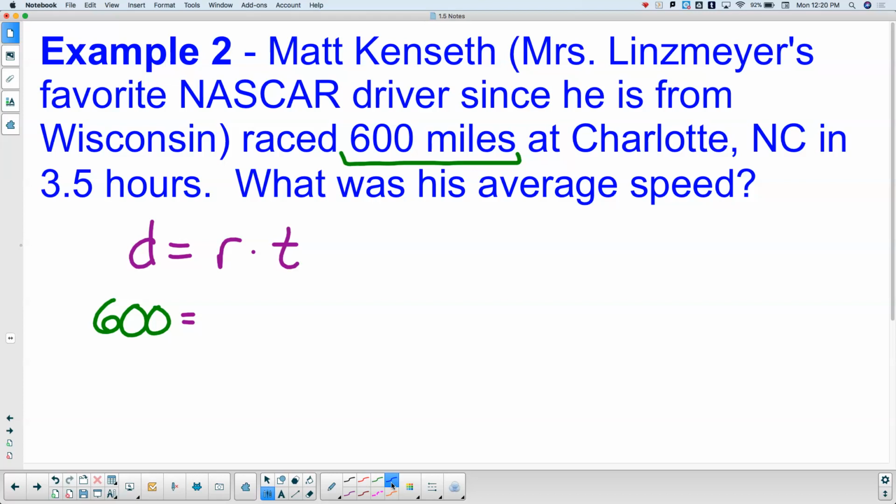Nope, that's what we're looking for. Do we know how long it took him to drive 600 miles? 3.5 hours. So we can solve that one. Divide both sides by 3.5.